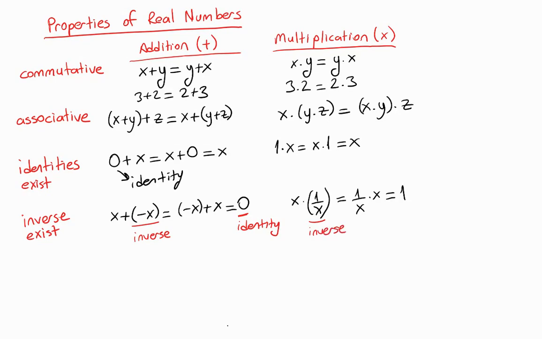When you multiply by its inverse, you will get identity. Okay. And also, we have one more property, like negative: multiply by negative x, you will get x. Similarly, when you divide by 1 over x, you will get x.